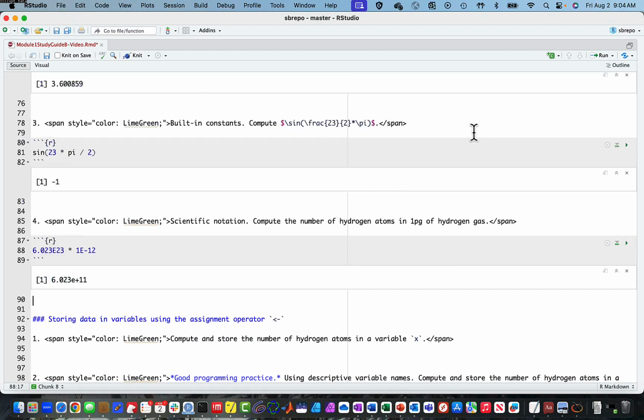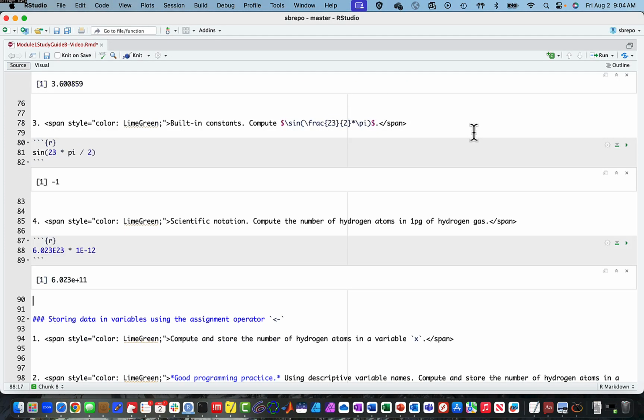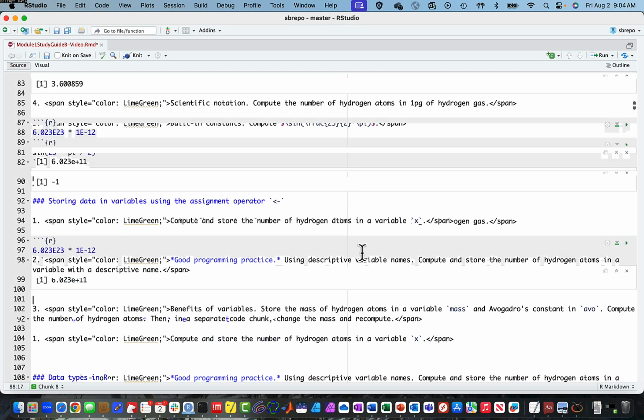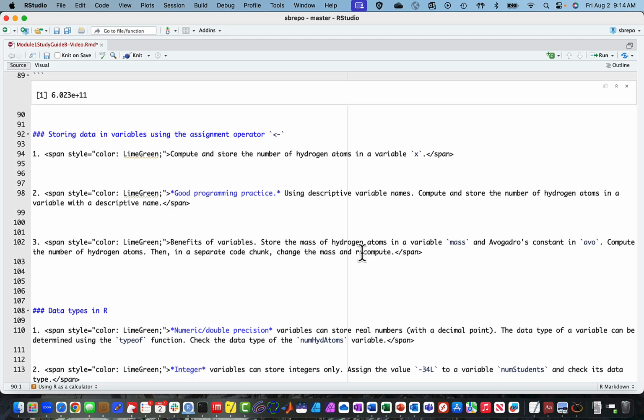Now, we can use R not just as a calculator, but to do more complicated tasks. And one of the most important things that computers in general do, but R also does in particular, is to take in some input data, manipulate it in some way, and create output data.